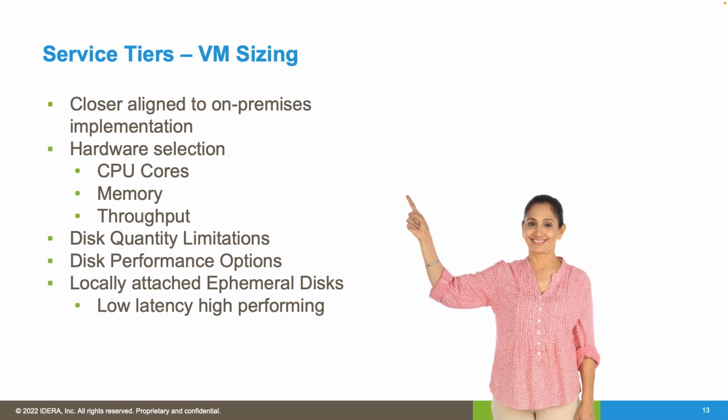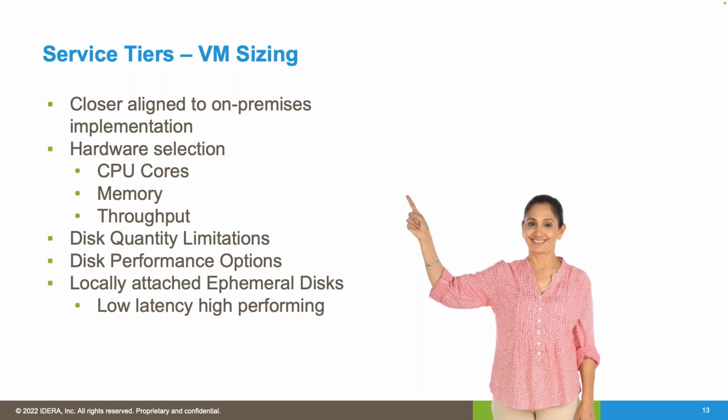Now, when I say temporary, I'm not referring necessarily to TempDB, although we recommend that we use that disk for TempDB because it's one, locally attached, and two, it's really fast. The downside is that it's ephemeral. That means that it's temporary. So if we reboot that virtual machine, that disk is actually going to go away.